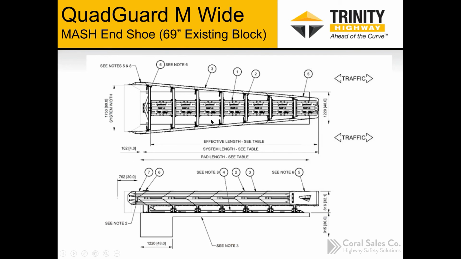So this system can be used in front of one of those existing blocks. And that just depicts that installation there with the end shoes there to protect against an impact coming at the last minute at the back of the system, or if you have two-way traffic, which we depict here, somebody coming into the back of the system here would deflect off this and be redirected away from the back of the unit.